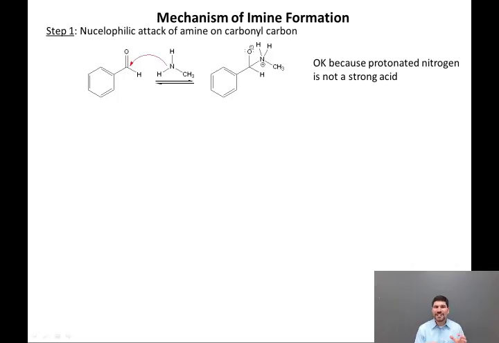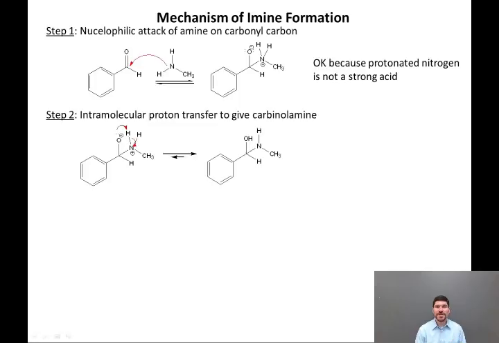It's not the fact that we have a plus and minus charge in the same intermediate that's a problem with the oxygen nucleophile. It's the fact that you have a strongly acidic hydrogen and a strong base present in the same intermediate. In this case, we do have a strongly basic oxygen, but we do not have a strong acid present. The acid is weak.